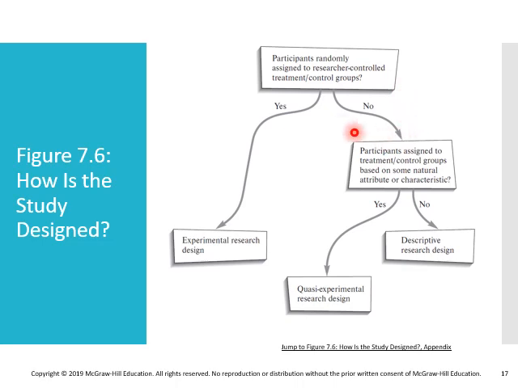If the answer is no, then our participants are assigned to treatment and control groups based on some natural attributes. So based on that, we should remember that if the answer is yes, it should be a quasi design. If the answer is no, then it will be a descriptive design.